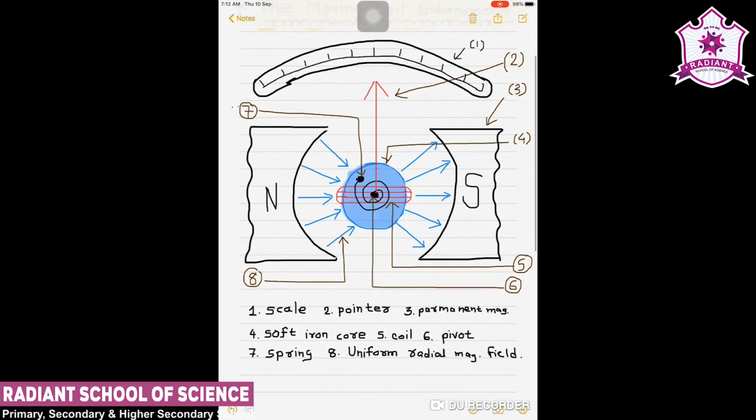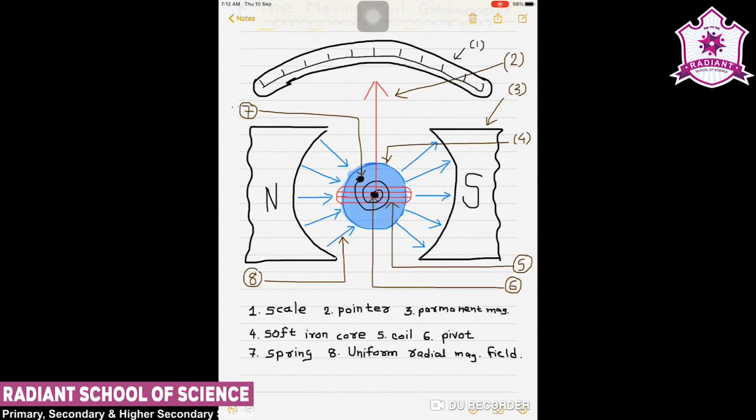In the figure above, the red coil is placed between two strong permanent magnets. The permanent magnets are shown by N and S, and are marked as number 3.